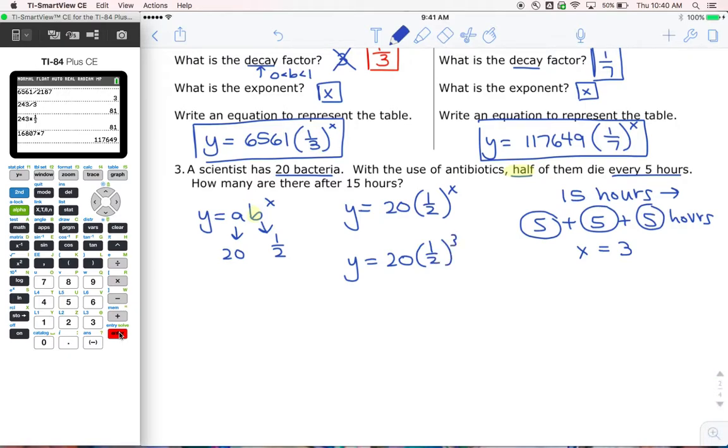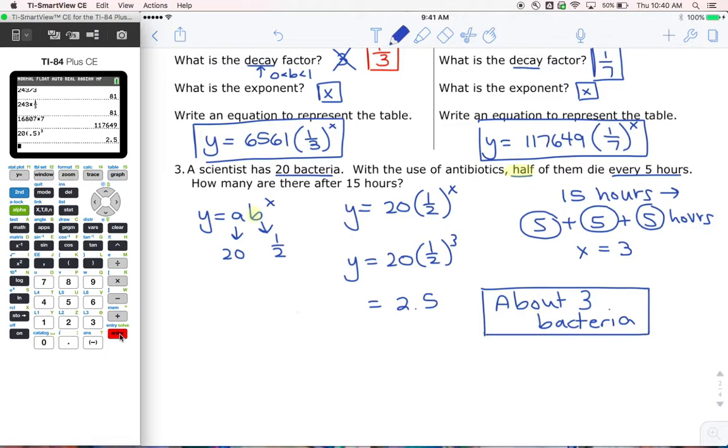What do we get? We need 0.5 to the power of 3, so we are getting 2.5. So I'm going to say about 3 bacteria, assuming we can only do whole numbers when we're talking about bacteria.